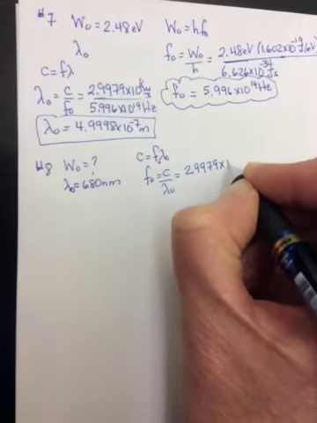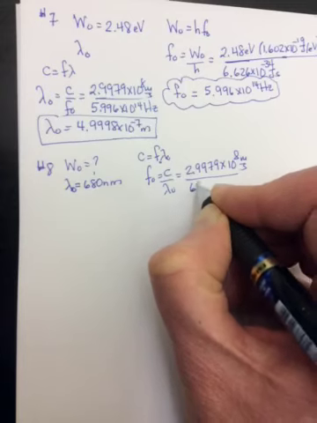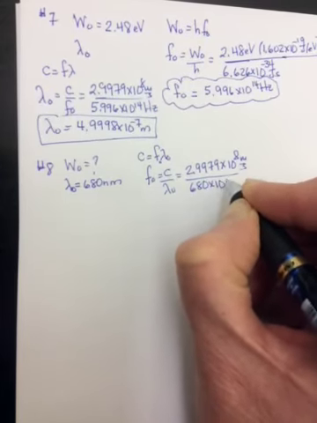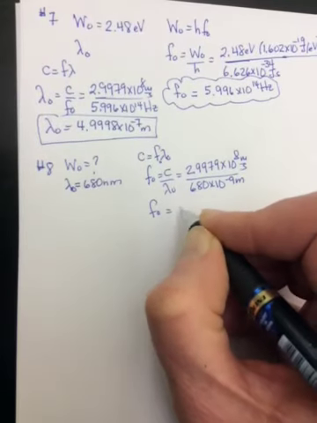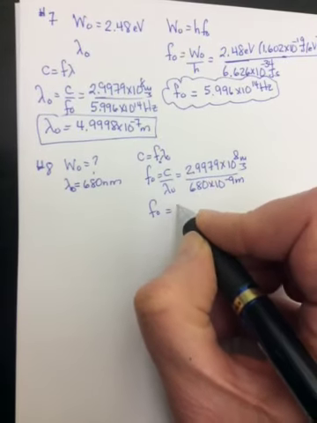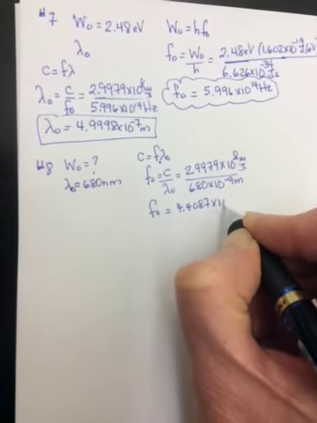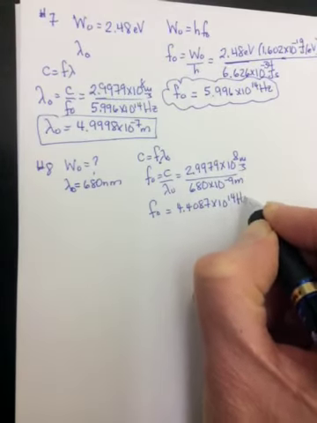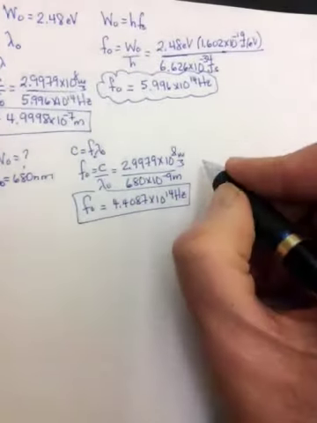2.9979 times 10 to the 8th meters per second, divided by 680 times 10 to the negative 9 meters. And when you do this, you get an FO of 4.4087 times 10 to the 14th hertz. Once you get this, now you can find your WO.